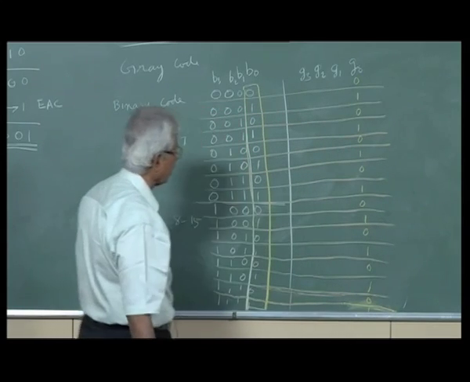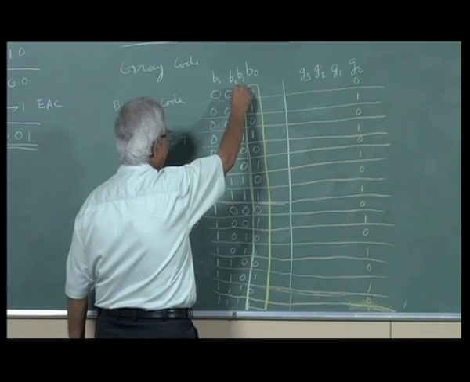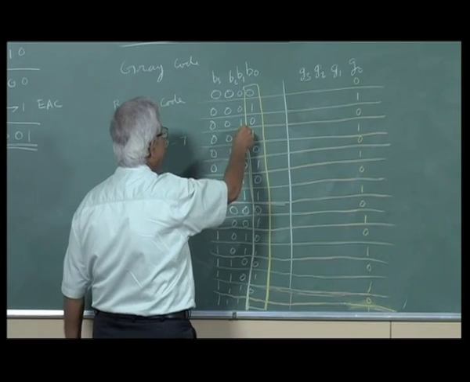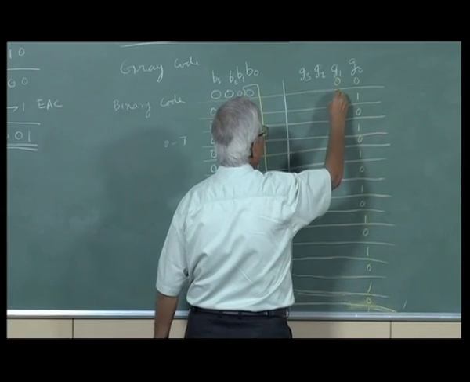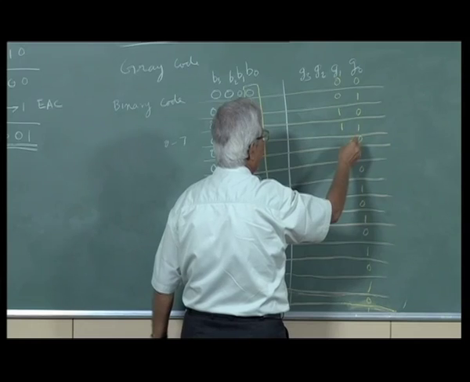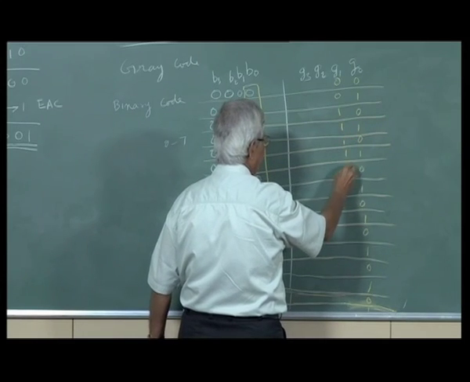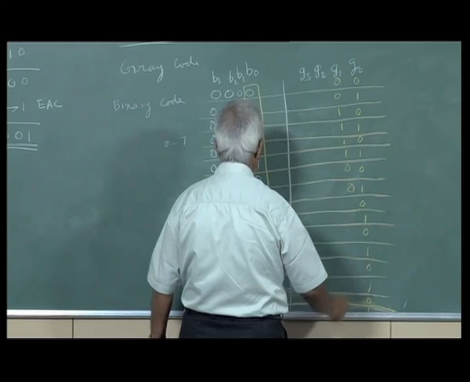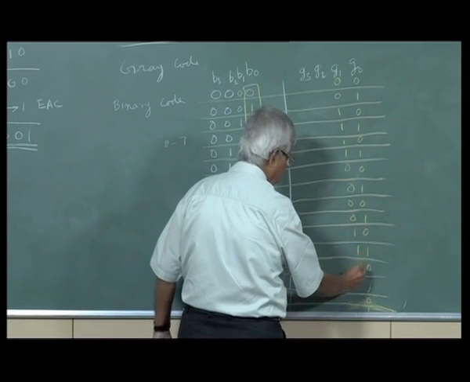Okay. Then this column I will make 0, 0, 1, 1 and again, instead of repeating 0, 0, 1, 1, I will make 1, 1, 0, 0. Again 0, 0, 1, 1 and 1, 1, 0, 0.